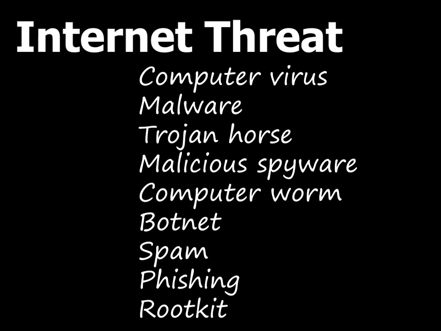And this may contain malicious spyware, right? The next one is computer worm. A computer worm is a software program that can copy itself from one computer to another without human interaction itself, right? That is computer worm. This will copy itself from one computer to another, right?